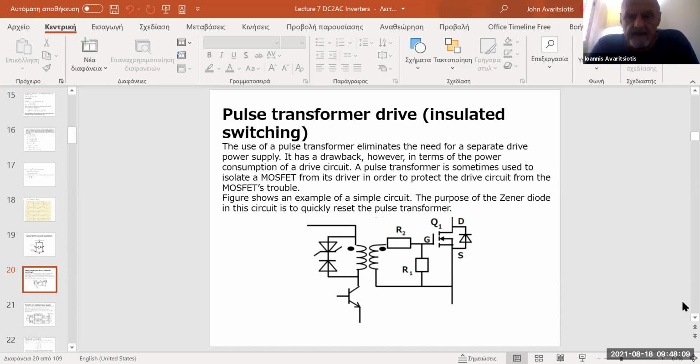The purpose of this Zener diode is to quickly reset the pulse transformer in order to be able to increase the switching frequency of the switch Q1, which is connected to the secondary coil of the pulse transformer. And of course, the pulse transformer is switched on and off by another semiconducting switch, either a bipolar junction transistor or a MOSFET.